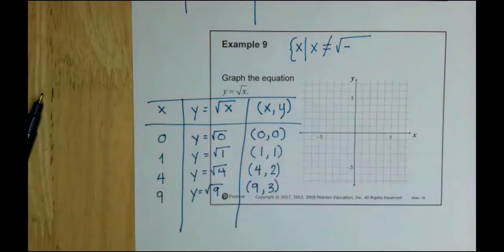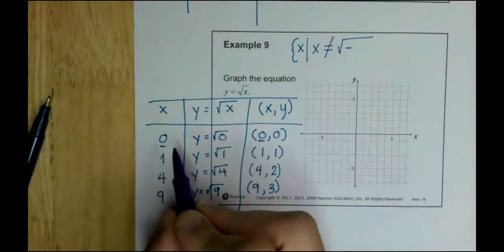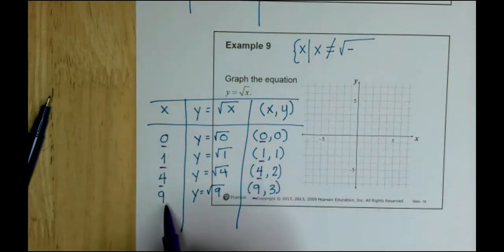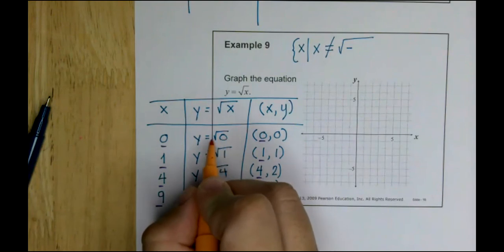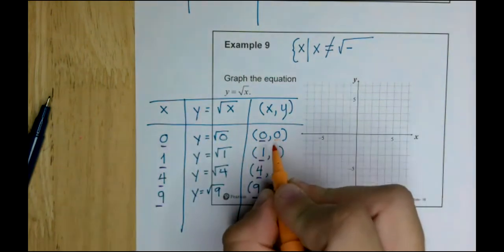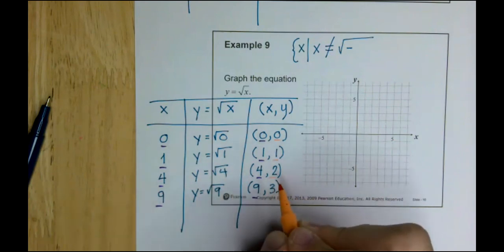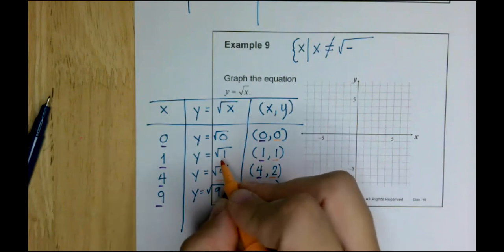Okay. And so just to explain again, this is from this number. And then the y is what y became when I put that in for x. Y became 0, y became 1. The square root of 4 is 2. The square root of 9 is 3. So those are from these numbers.